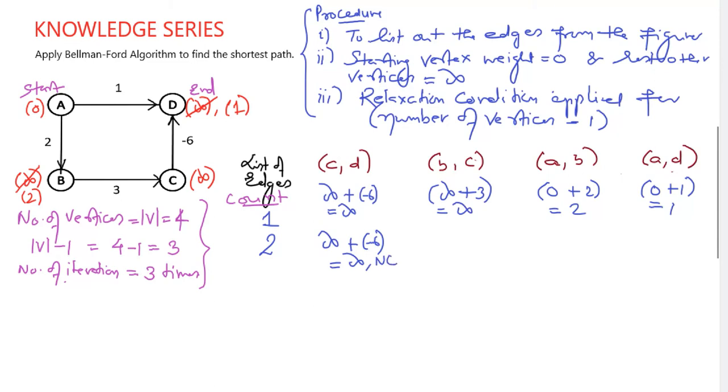Now BC: B is how much? 2. 2 plus 3 is 5. So here we have a relax condition, and automatically this will turn to 5.